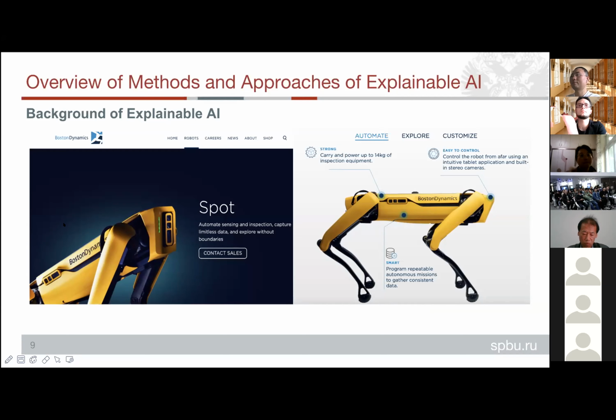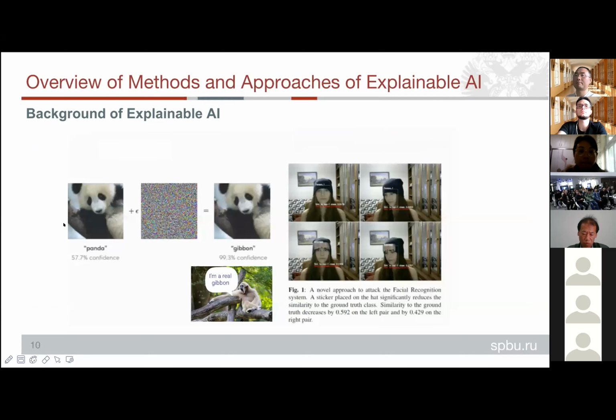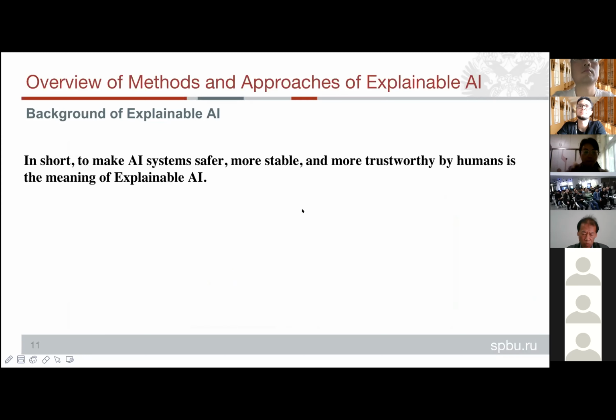It reminds us that there are still many difficult problems in the field of explainable AI at present. And there are many similar cases. In this picture, when we add some noise to the panda picture, the system recognizes the panda as a gibbon, and a girl just put a sticker on the hat, and the system becomes unable to perform effective recognition. In short, to make AI systems safer, more stable, and more trustworthy to humans is the meaning of explainable AI.